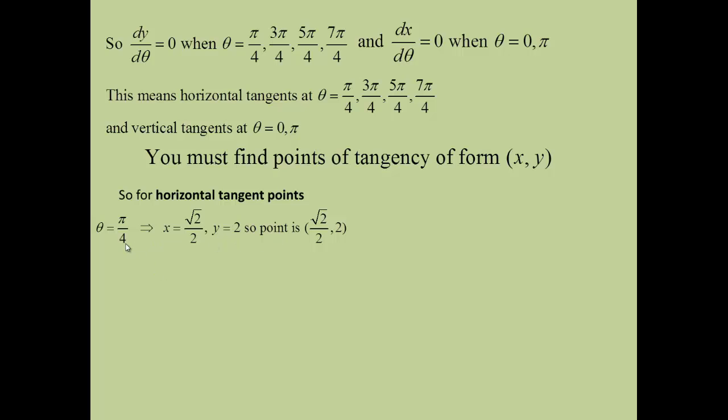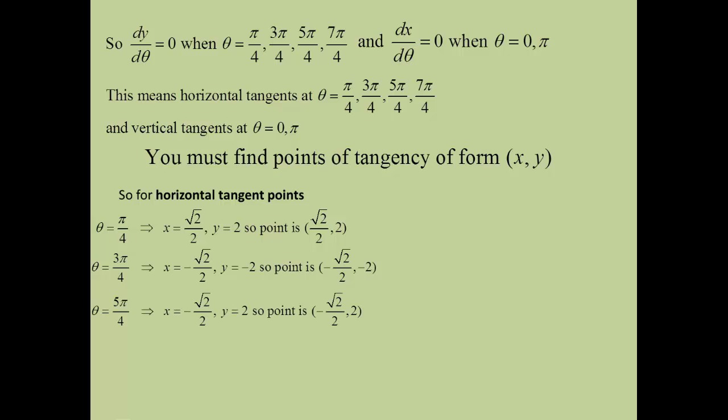So you're simply substituting the theta value back into your parametric equations to give you the x coordinate and the y coordinate, and that's the point as an ordered pair, square root 2 over 2, square root 2. Likewise, if you toss 3 pi over 4 in for theta, you will get x as negative square root 2 over 2, and y is square root 2.